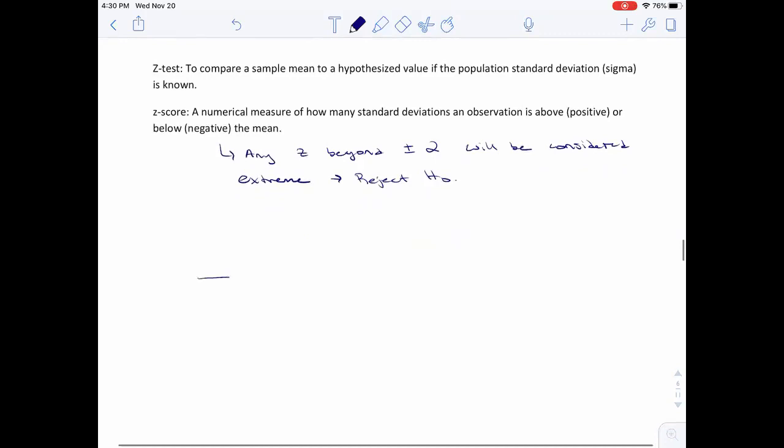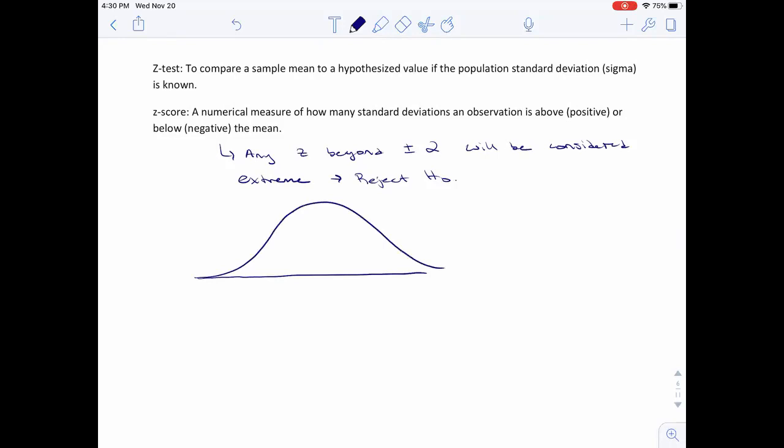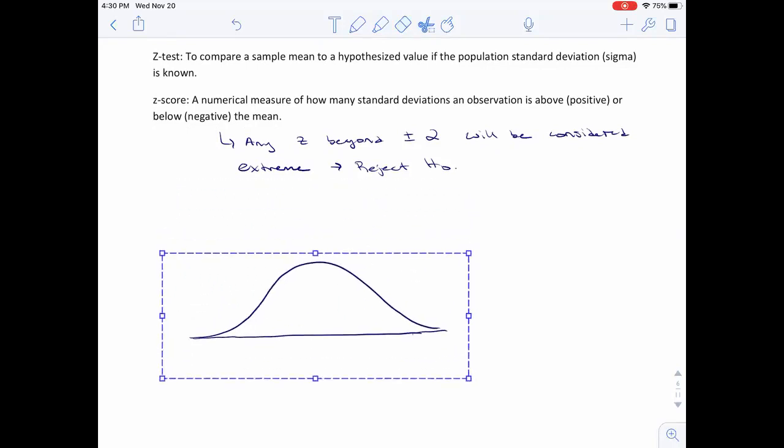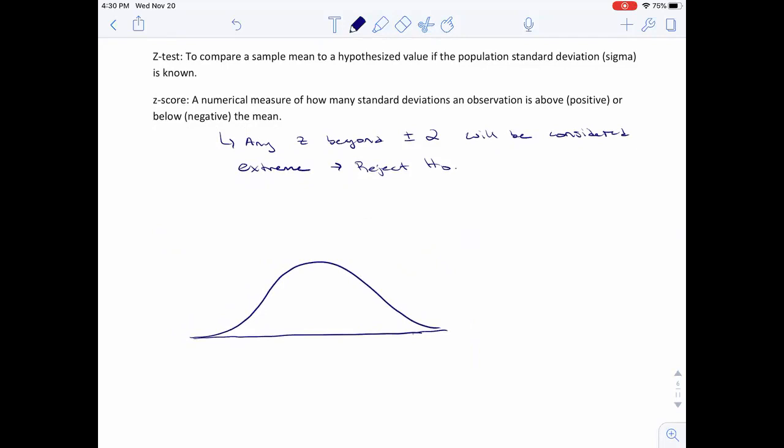We also have the empirical rule. The empirical rule, I'm going to scoot this down a bit here. The empirical rule is also called the 68, 95, 99.7% rule.